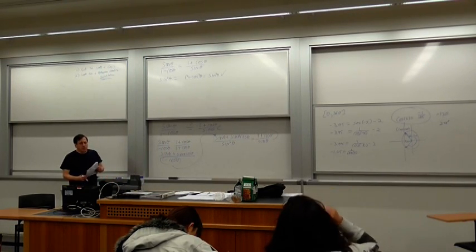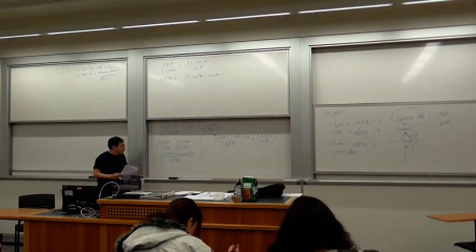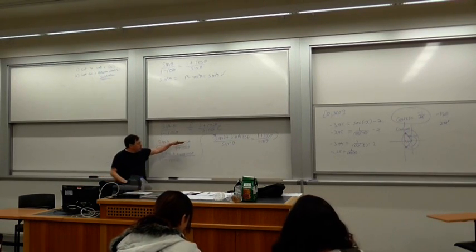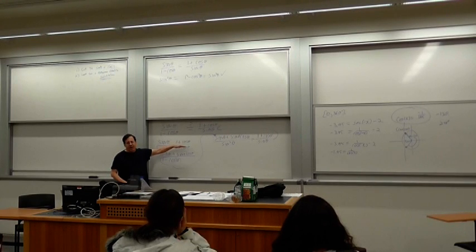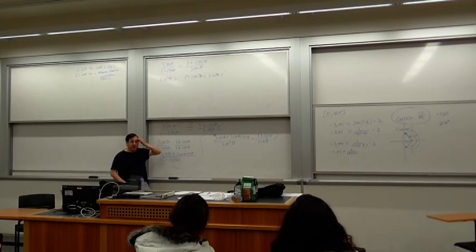Yes? How did you realize that you need to multiply by the 1 plus cosine theta? Okay, that's exactly what I want to talk about, right? How you figure this out doesn't have to be done formally, correct? In other words, you can cheat, right?